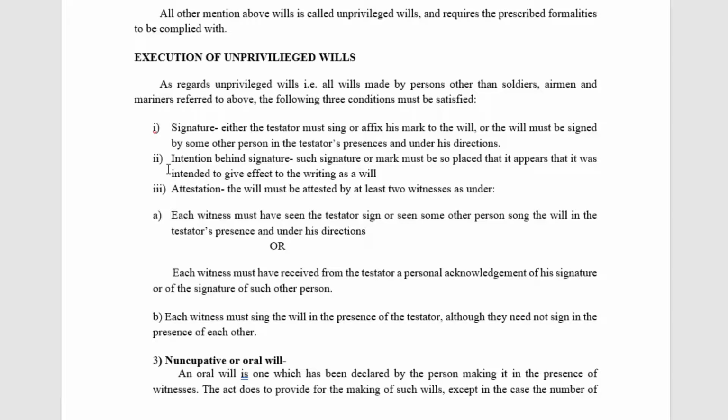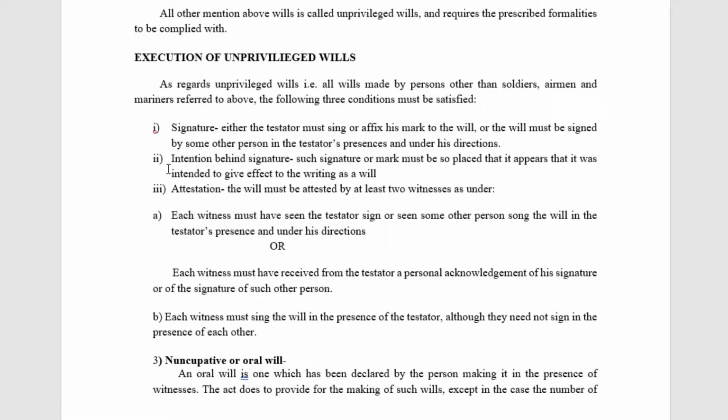Here there are a few rules with regard to the execution of the unprivileged will. The first aspect is signature, the second one is intention, the third one is attestation. These three things we have to see with regard to the execution of the unprivileged will.